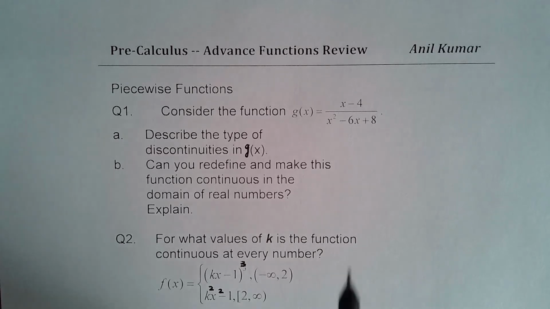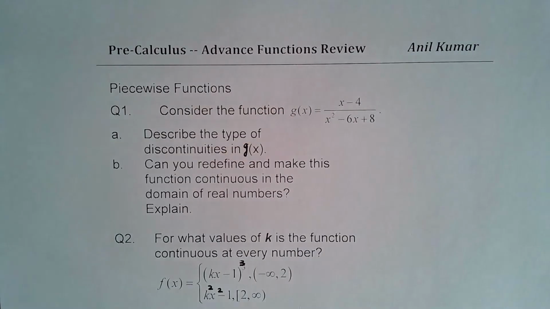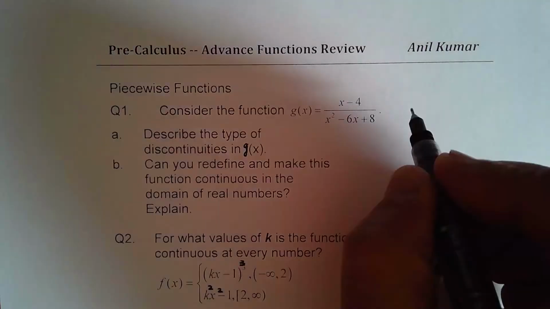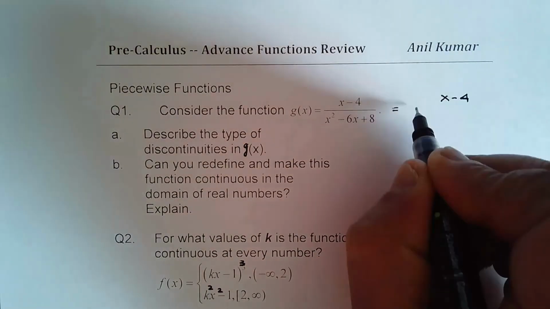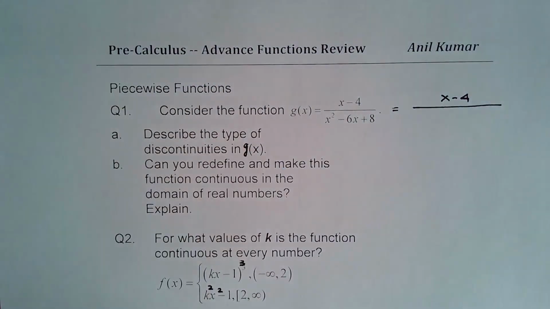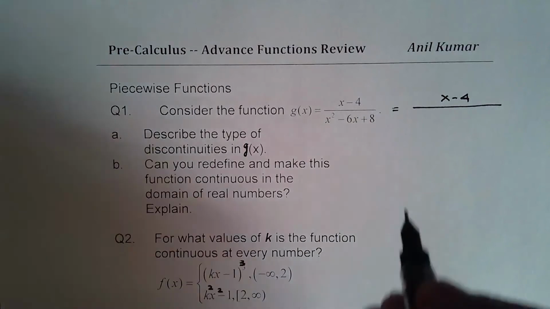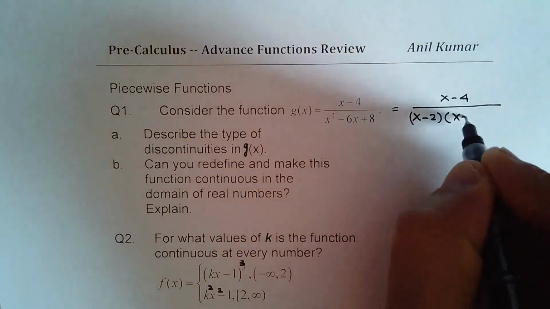Now let's do the first question. G of x is a rational function. Let us factor the denominator. We could write this function as x minus 4 divided by, product of 8, sum of minus 6, that is minus 4 and minus 2, so we could write this as x minus 2 times x minus 4.